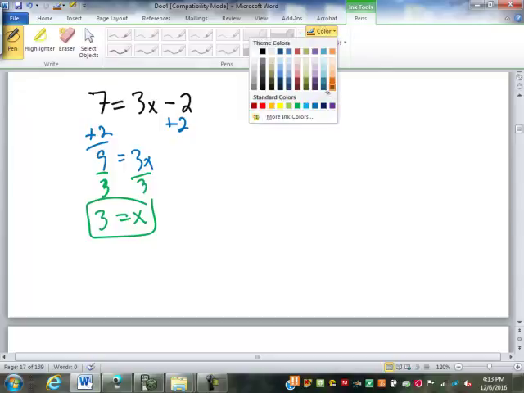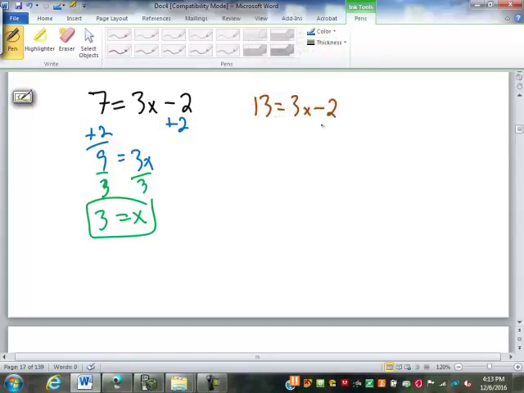How do we solve it? We would add 2, 15 equals 3x, and then divide by 3. We solve it the exact same way.